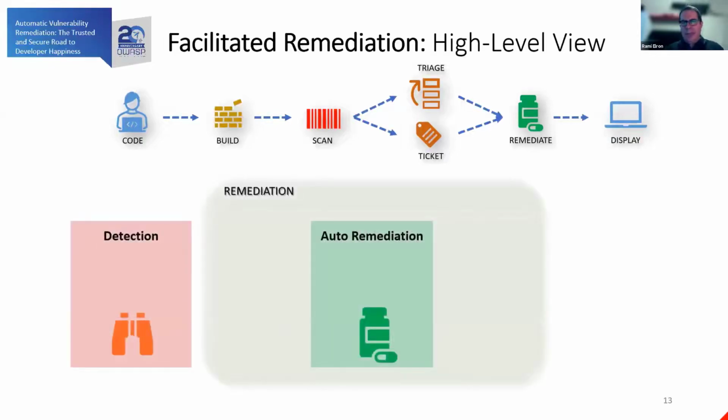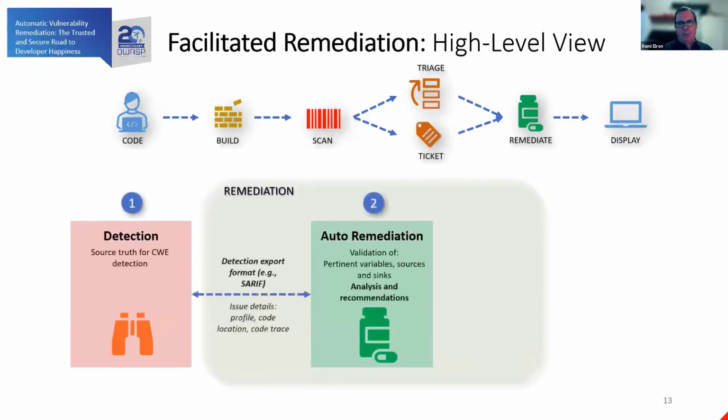The detailed view of that would have a detection facility next to the remediation, and more particularly the auto-remediation part. The purpose of the detection is to be the source of truth for CWE detection, which is another way of saying that the details concerning the variables, the sources, the sinks, and the metadata associated with them need to be provided to auto-remediation. Auto-remediation is a consumer of such information.